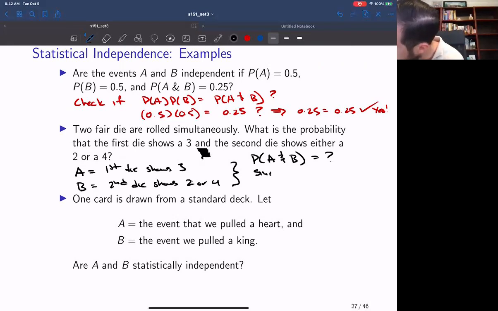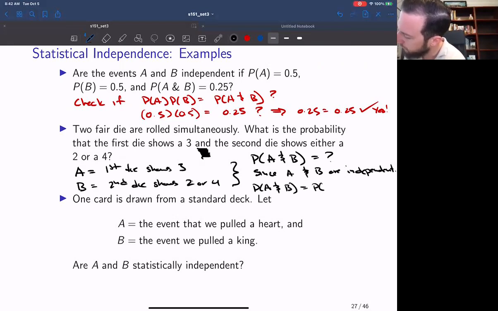So since A and B are independent, the probability of A and B is equal to P of A times P of B.